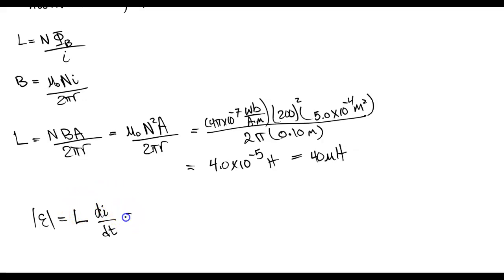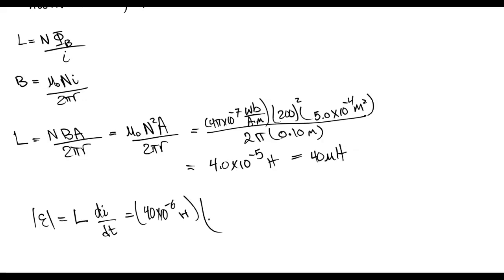And so if we plug in these values that we know, then we know that we have L, which is 40 times 10 to the minus 6, or 4.0 times 10 to the negative 5 if you want henries.